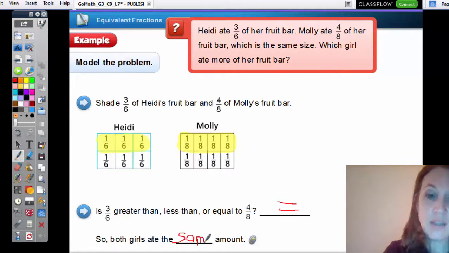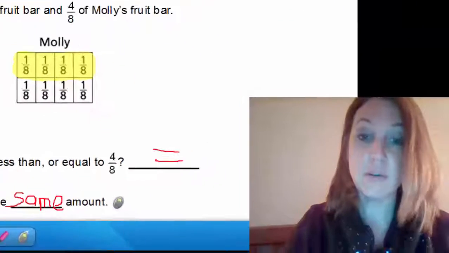We can see in the fraction picture that 3/6 is the same size as 4/8. Remember what we also said, if the numerator is half of the denominator, it's equal to 1/2. And here we can see the numerator is half the denominator, so both of those fractions are equivalent to 1/2, and they are equal to each other.